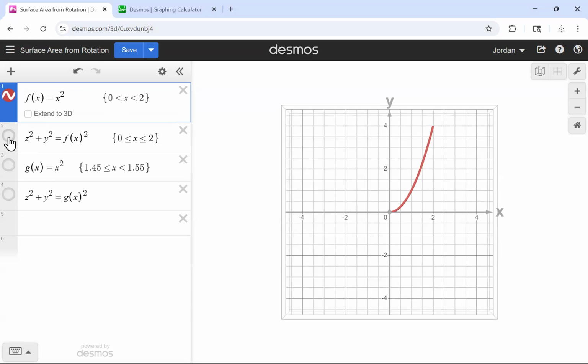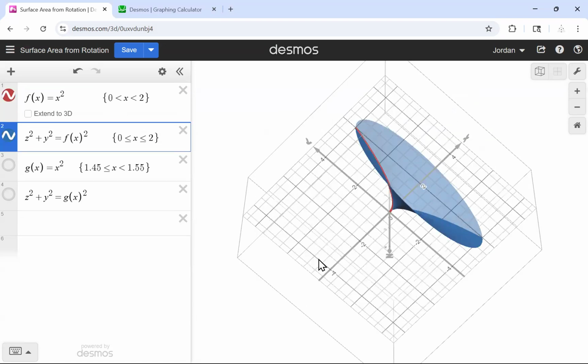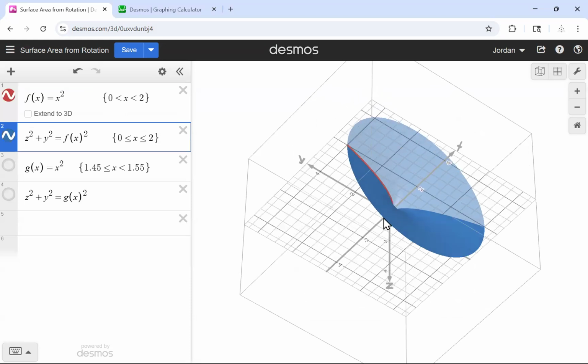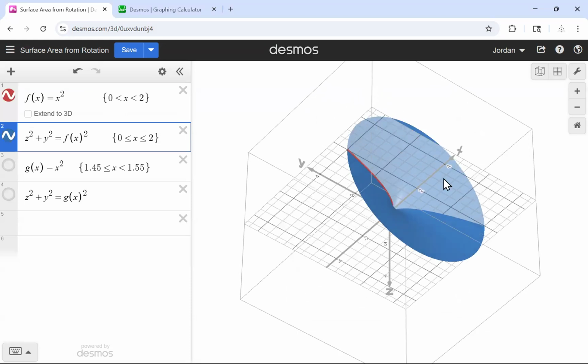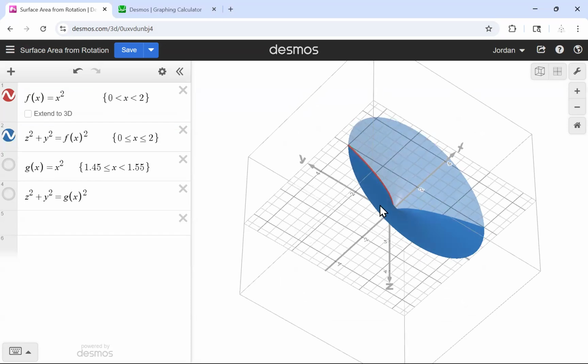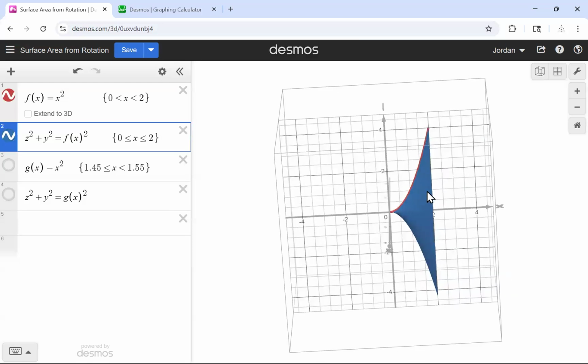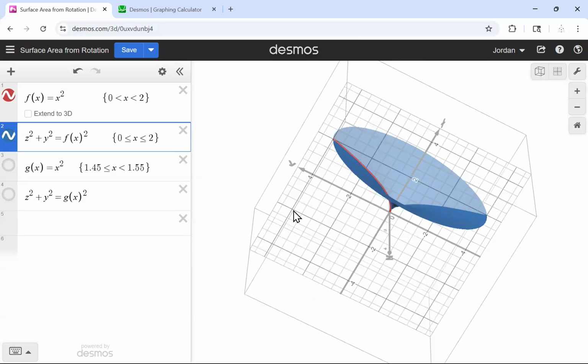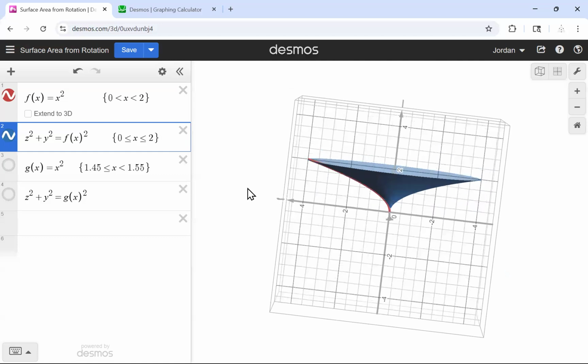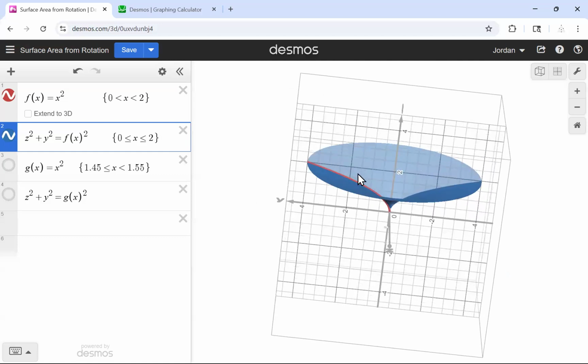If I do that, what's going to happen is I'm going to get a figure which is sort of just the outside edge of one of those volume figures that we discussed in the previous couple of sections. So I get this figure, which, if I turn it the right way, looks like a curved funnel shape.